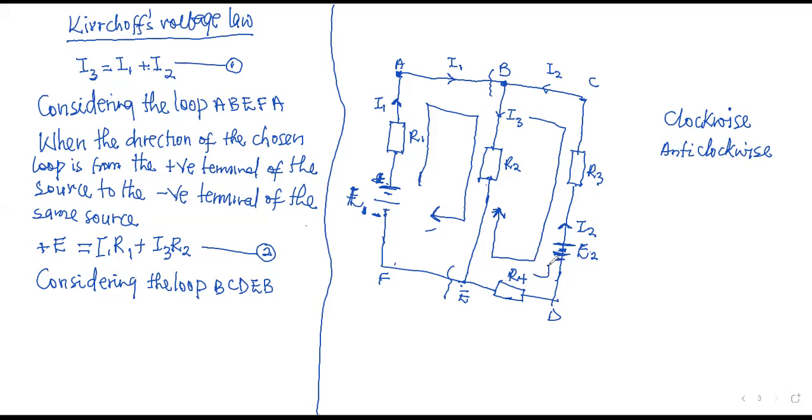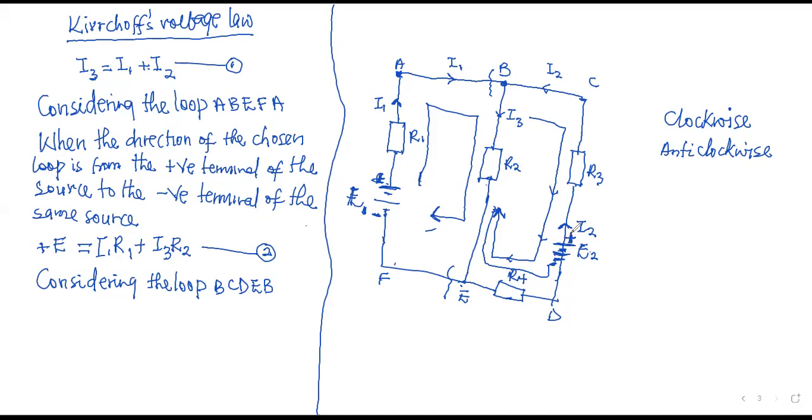We are moving clockwise. Okay, so it's as if this loop is starting from the negative. This is the positive. This is the negative. Look at the direction of the current. Let's indicate that as we move on. So it is as if we pick it from here, it's as if the loop starts from the negative, goes on, and then enters into the positive.